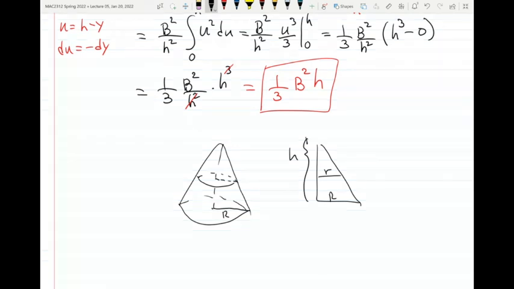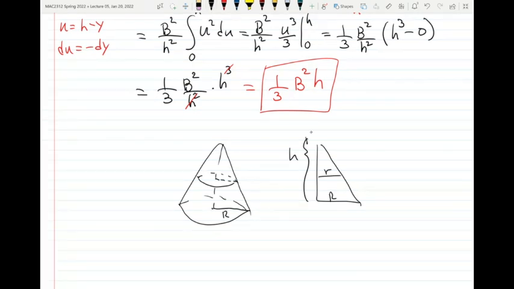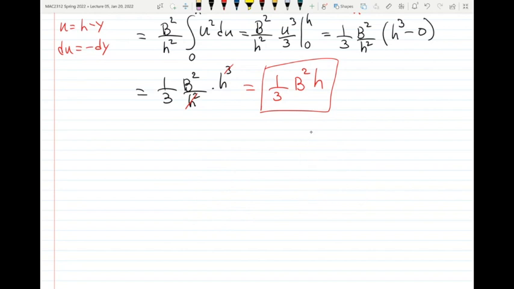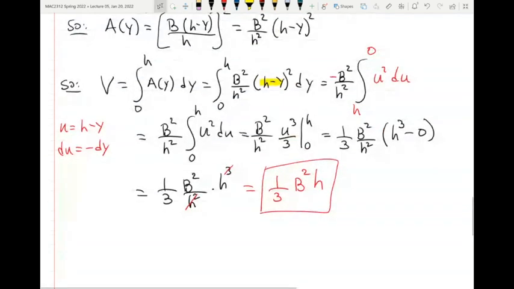But it's the same idea, exactly the same. I can ask you something like this, or to find the volume of a sphere, right? But for that, that would be after we discuss solids of revolution. All right, so questions?